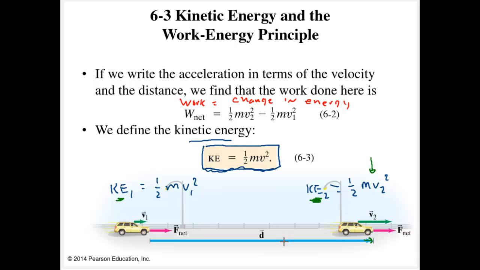So we've given it some energy. Now we can write the amount of work as the change in that energy. So work is equal to 1/2 m v2 squared minus 1/2 m v1 squared. That's how much work this force did to this car.